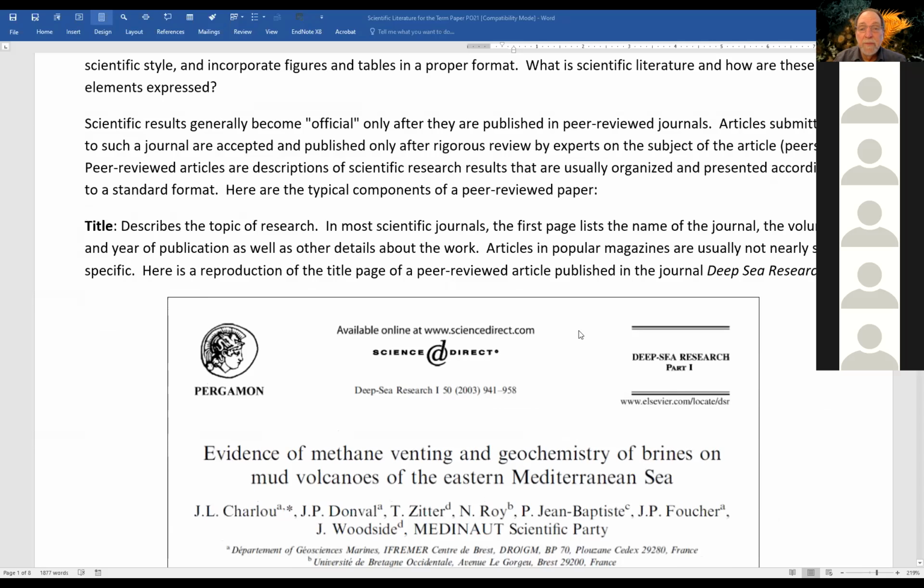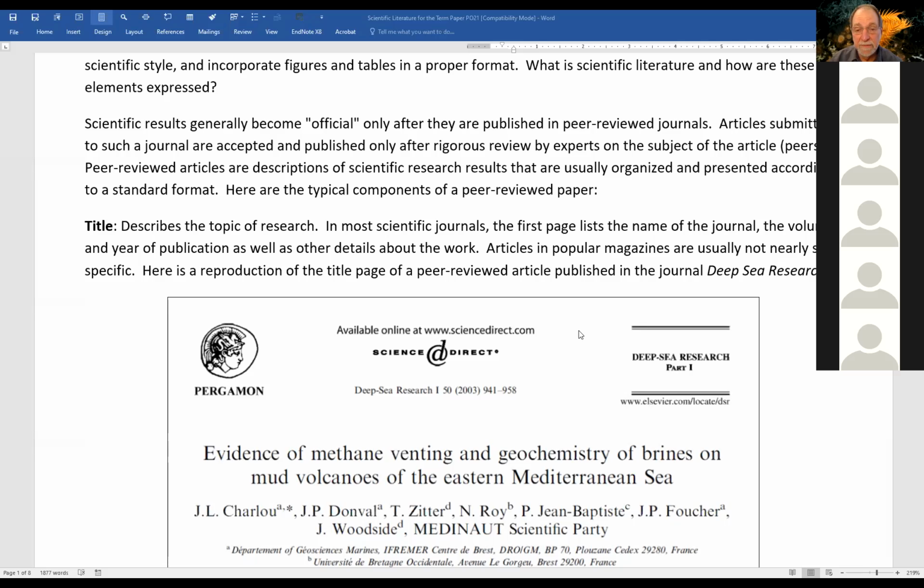So scientific results generally become official when they've been published in peer-reviewed journals. So if a scientist or a team of scientists wants to publish their results, and publication is absolutely required for science, they submit their manuscript for review to the journal that they want to publish it in.